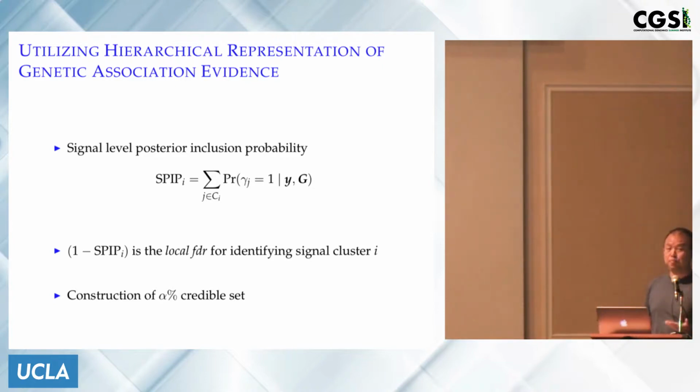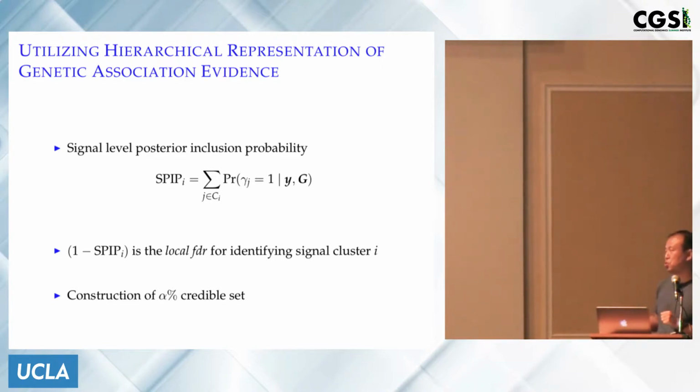And the even better thing is 1 minus this, the SPIP, becomes the local FDR for that particular signal cluster. Now you could do the FDR control for the local clusters across. So you basically have this statistical device to control your false discovery rate on the signals.